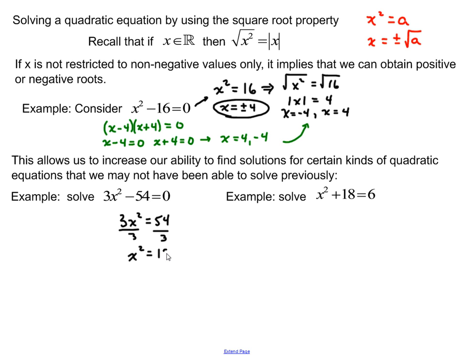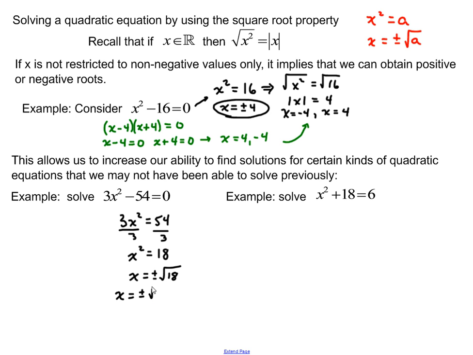So now let's employ that square root property here. If x squared is equal to a, then x is equal to positive or negative the square root of a. So in this case, x would be equal to positive or negative the square root of 18. And you might recognize that 18 is one of those numbers that has a perfect square factor of 9.